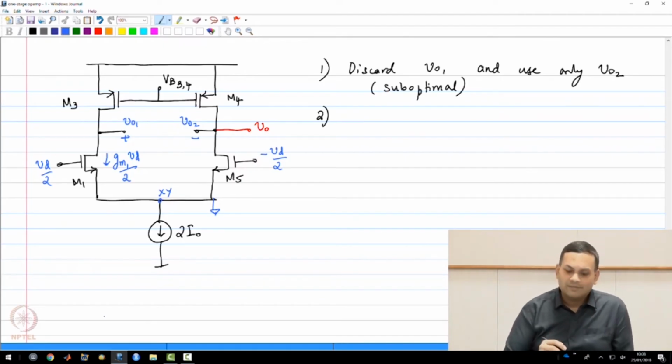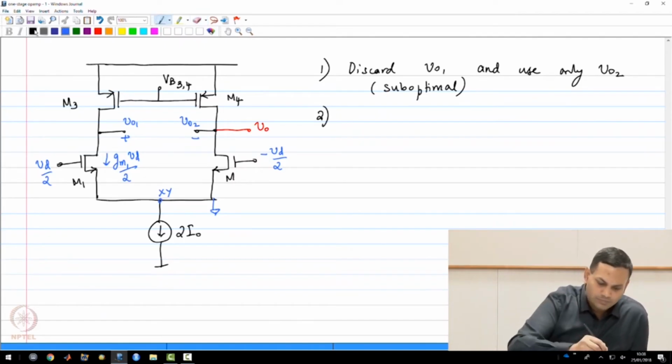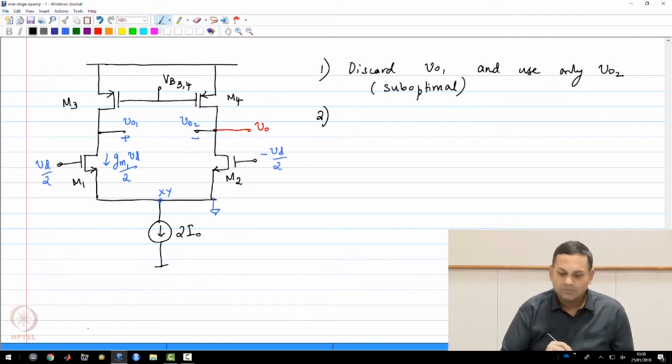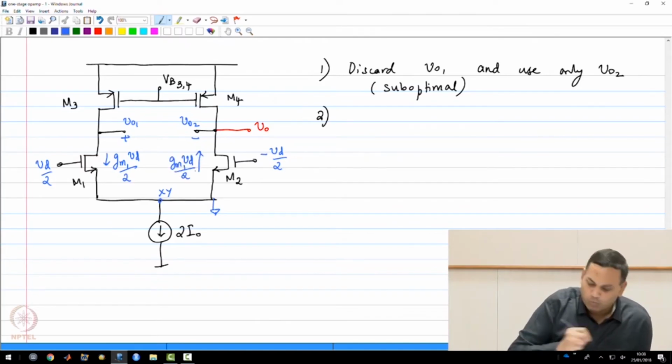And as we saw earlier, the current through M2, I'm sorry, this should be M2. The current through M2 is minus GM1 VD minus GM2 VD by 2 flowing downwards, or GM1 VD by 2 flowing upwards.